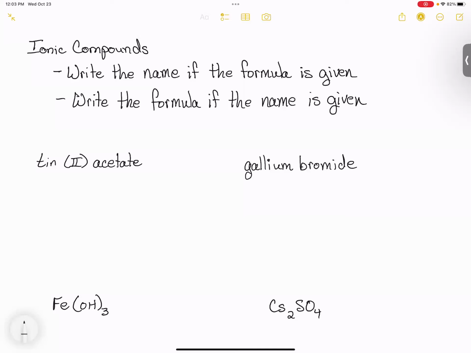In other words, I've been focused on the 8s for the most part. Well, we're going to branch into some more that you will need to know. Okay. So when you're given the name, you translate, you cross, drop, and multiply. So that's what we're going to do: translate, cross, drop, and multiply.